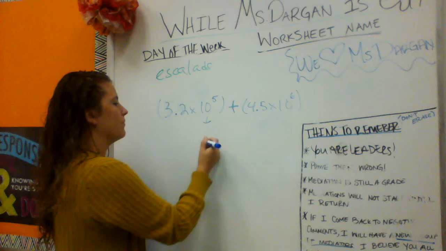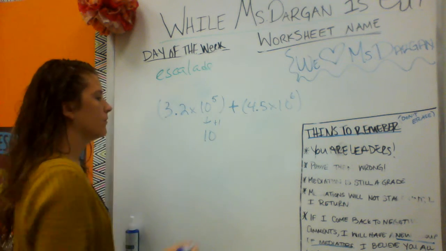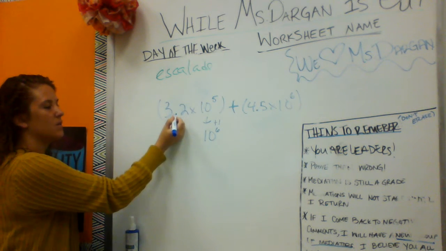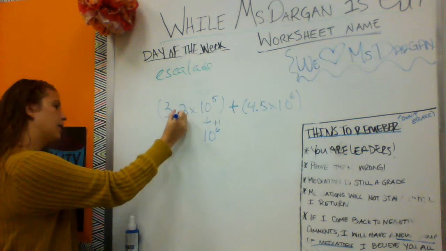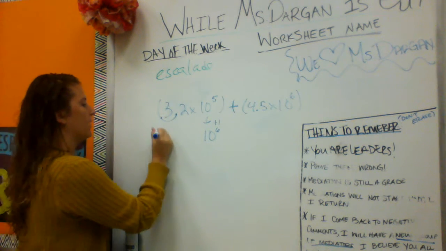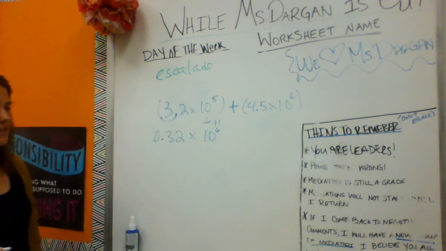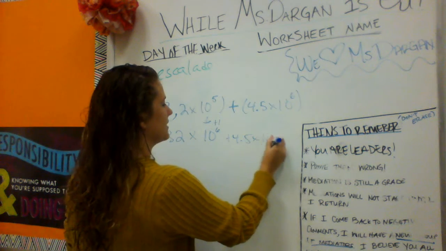If I take a 5 and move it to a 6, I am moving up 1 place value. And if I moved up 1 place value, then on this number I need to move down 1 place value, or 1 spot to the left. So now this is 32 hundredths times 10 to the 6th. And I'm going to add that to 4 and 5/10 times 10 to the 6th.